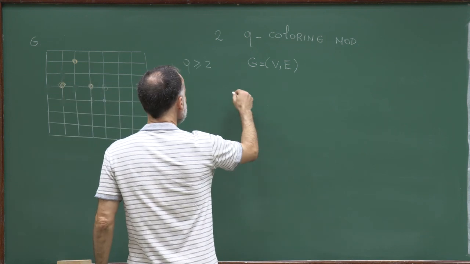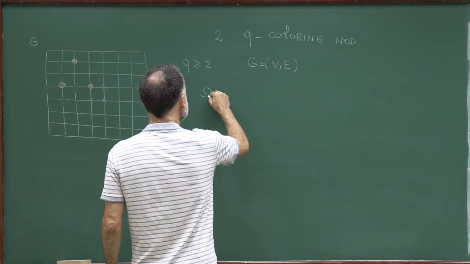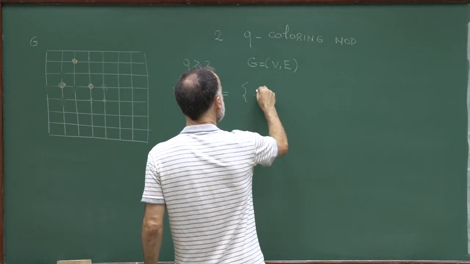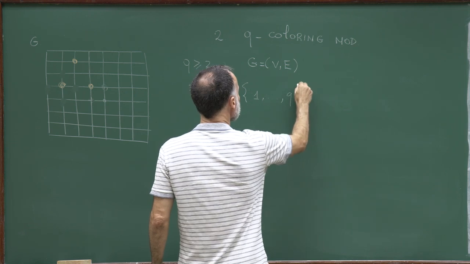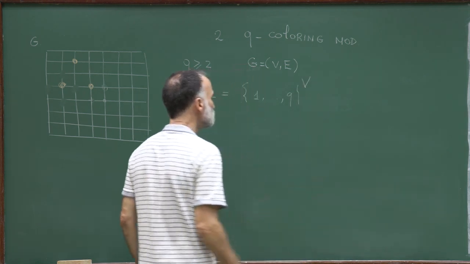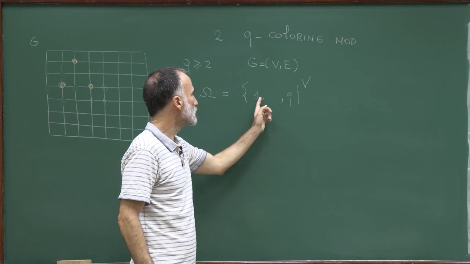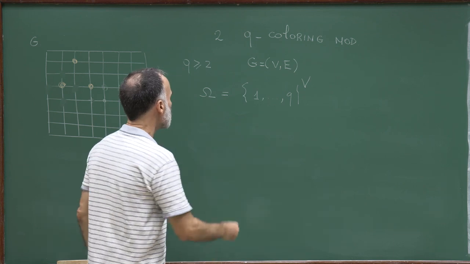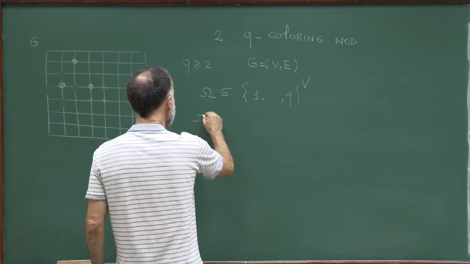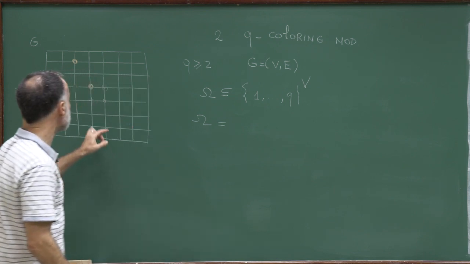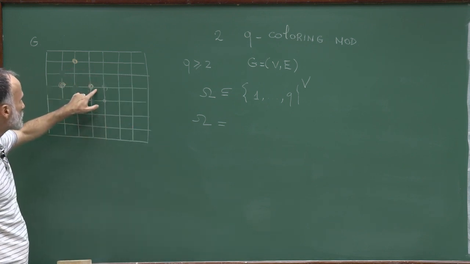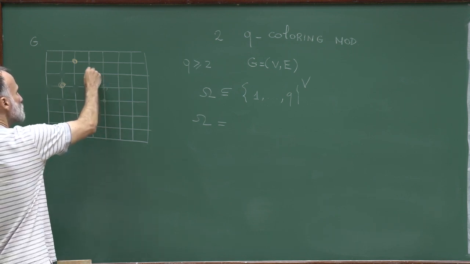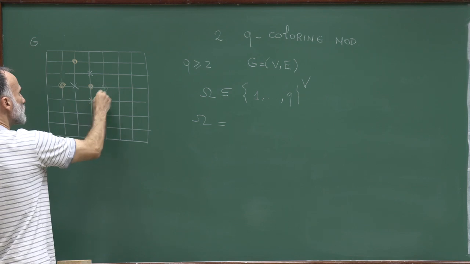So the color of this point has to be different from the color of these 4 points.